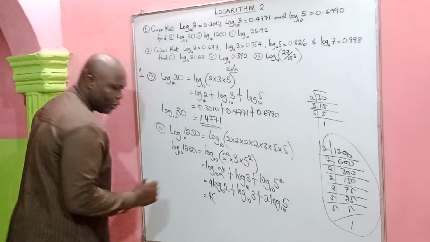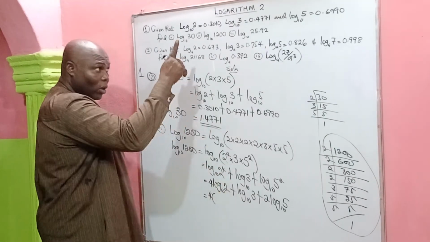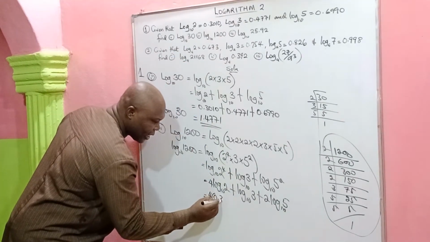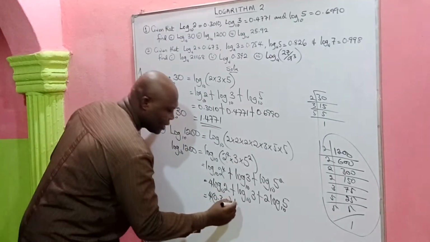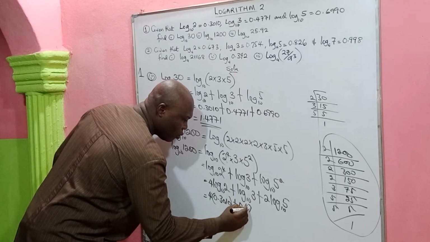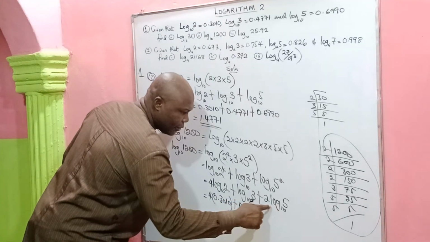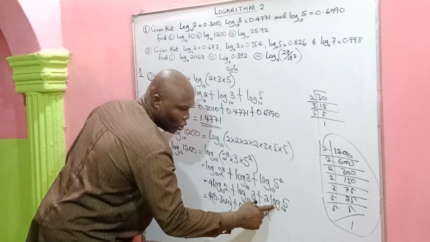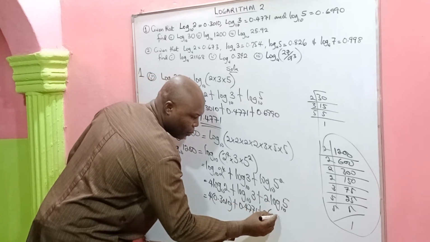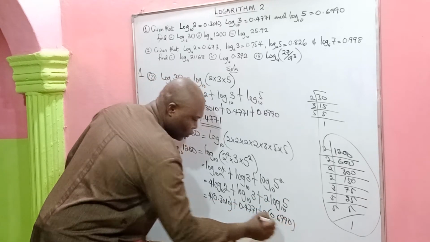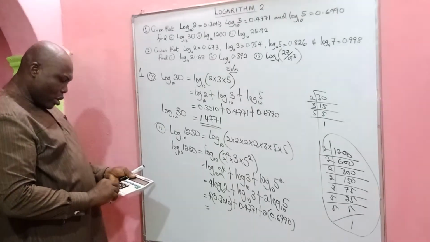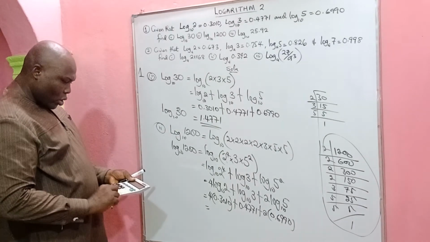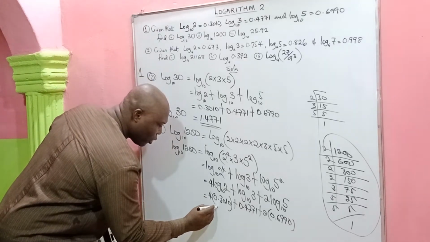So at that point we can resolve it very simply. We have 4 into log 2 to base 10, which was given as 0.3010, plus log 3 to base 10, which was given as 0.4771, and then 2 into log 5 to base 10, which was given as 0.6990. So at this point we multiply 4 times 0.3010, and you have 1.204.